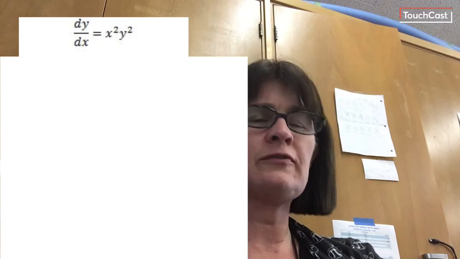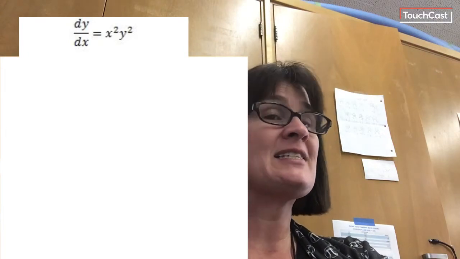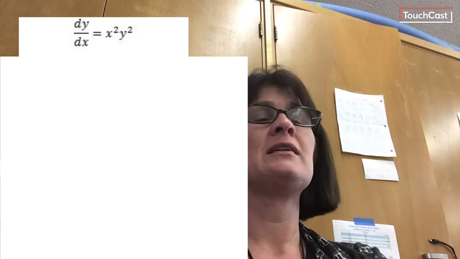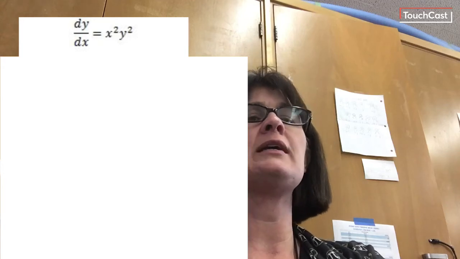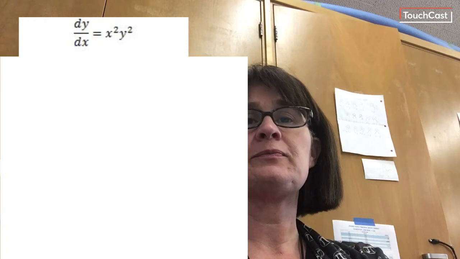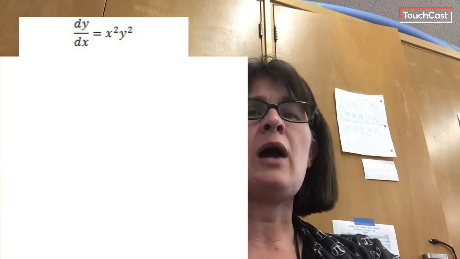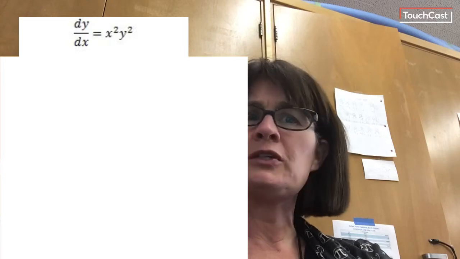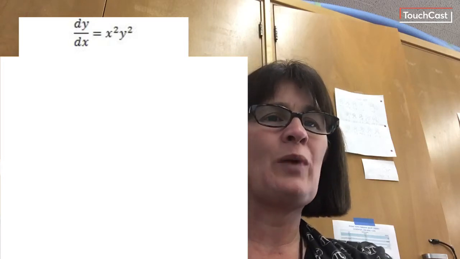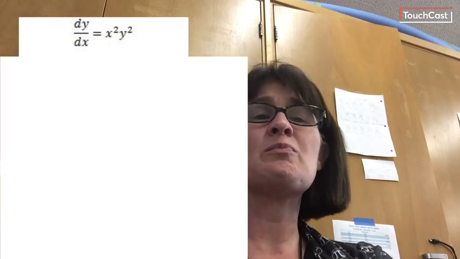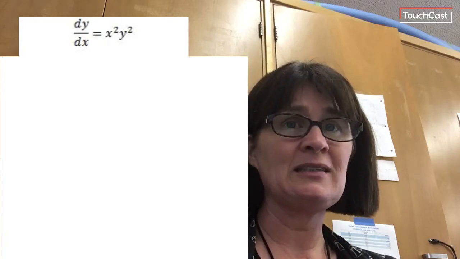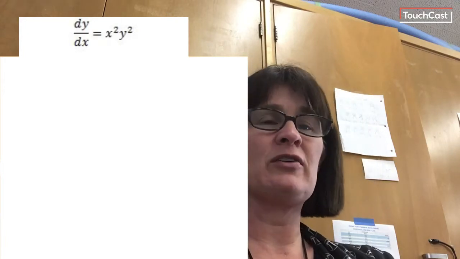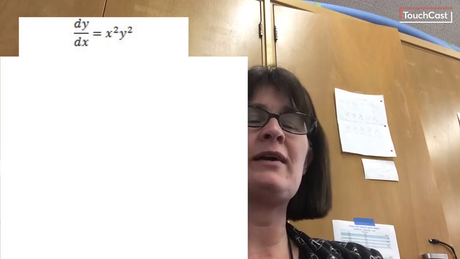So our first job is to try to decide if this is separable. Can I move all the x expressions to one side and all the y expressions together? In this case it is. My technique, pretty much always, when I have a dy dx differential equation, is to multiply both sides by dx, and then to divide by whatever function of y I still have on my right-hand side.